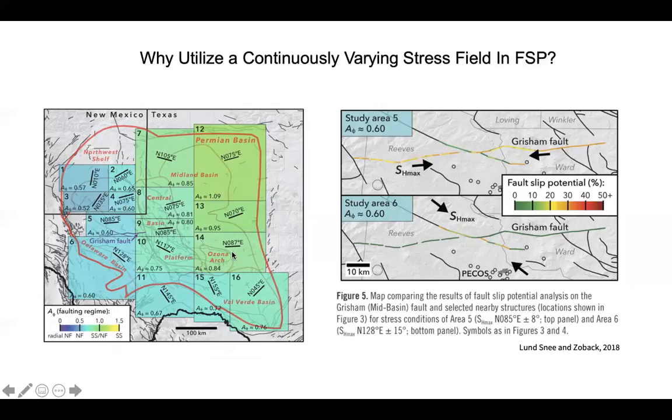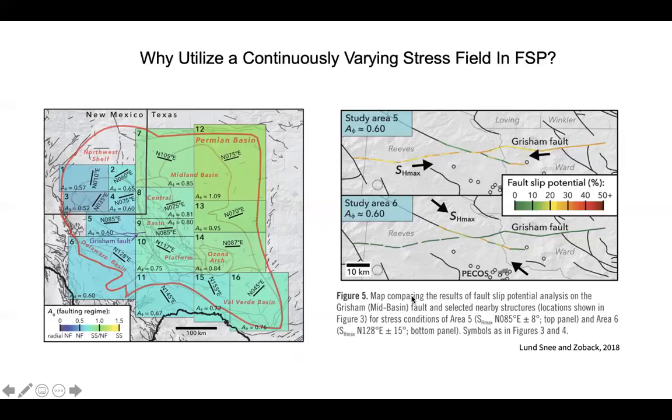And this problem arises, for example, in areas such as the Grecian fold that is marked here, in which you don't know exactly what is the SHmax orientation. And therefore, in this case, they used two kinds of analyses with orientation of 85 degrees and 128 degrees.